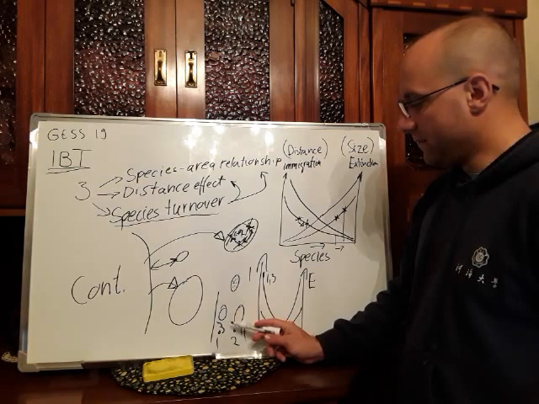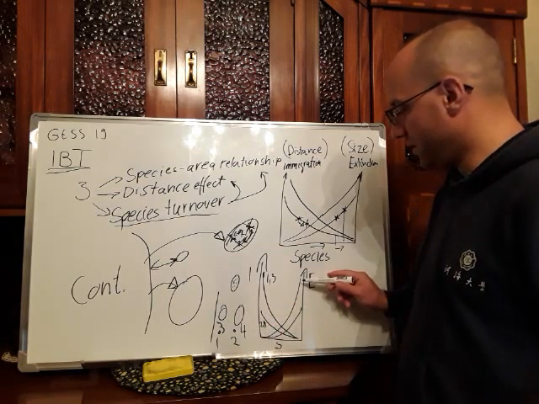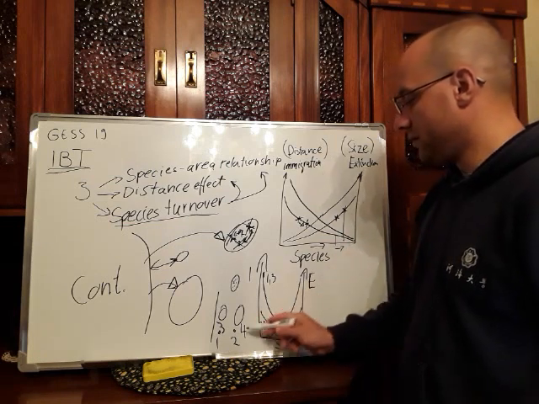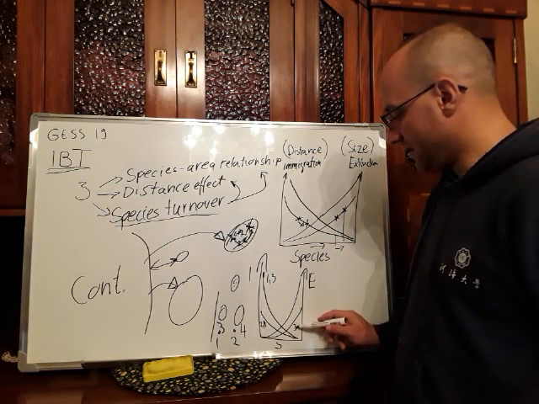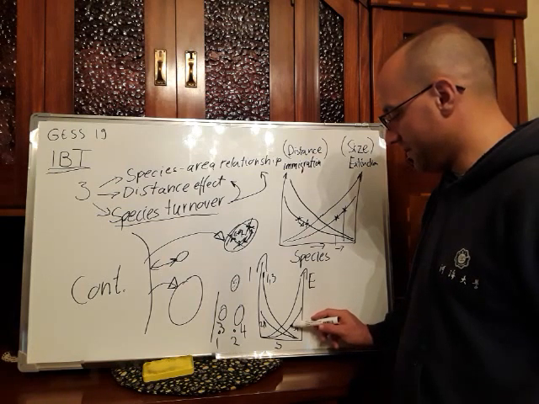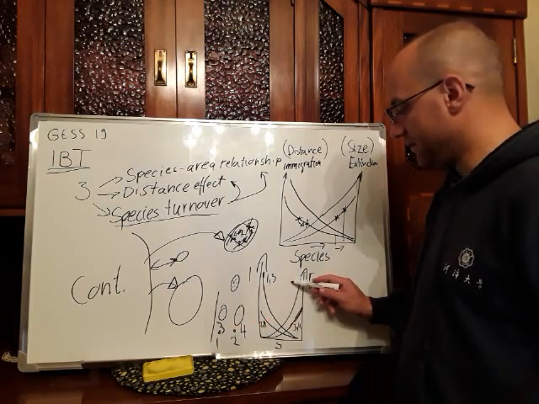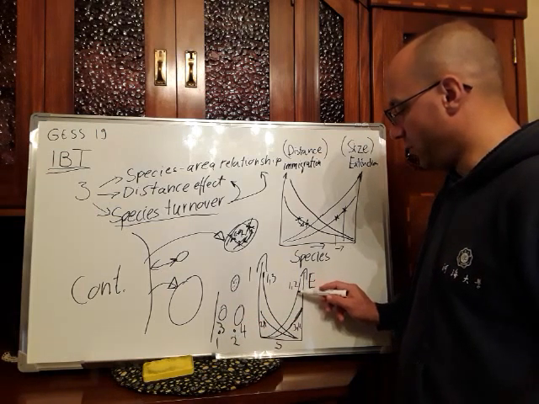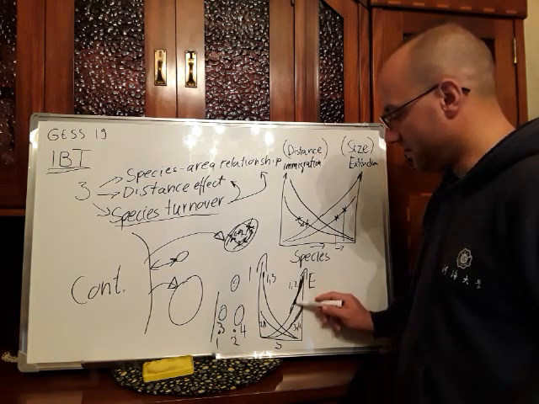So 3 and 4 will have a lower extinction rate. So 3 and 4 over here on this curve. And 1 and 2, since they are the same size, will both be on this curve over here.